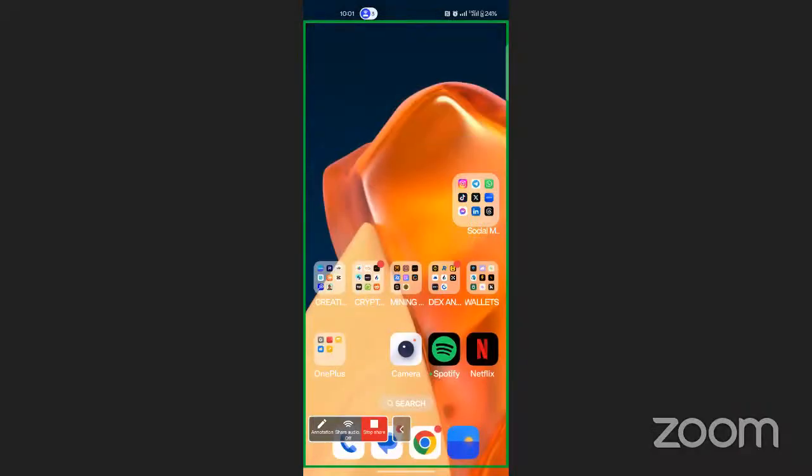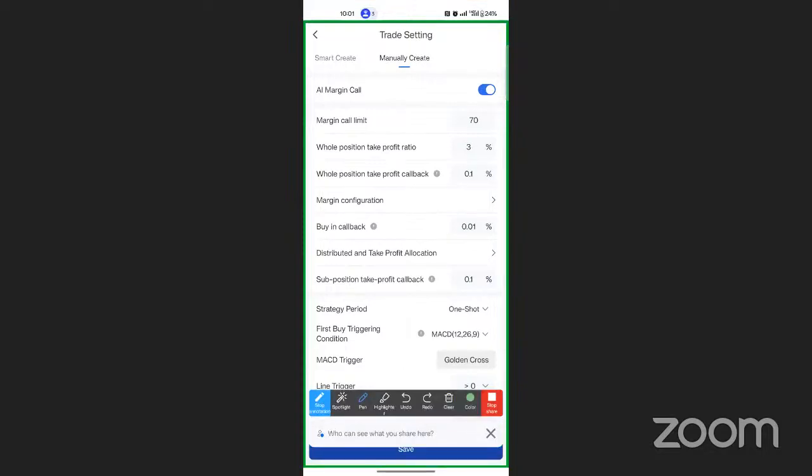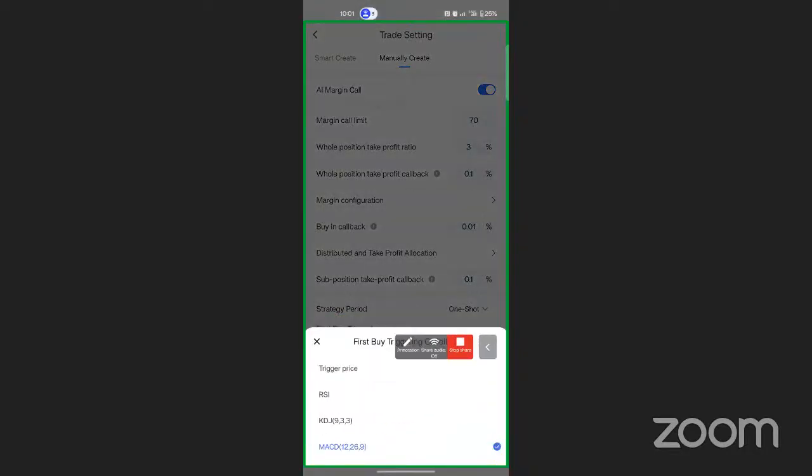Let's go practical. Now, the buying here is saying it's going to use a trigger area. The trigger area, we are using a MACD.